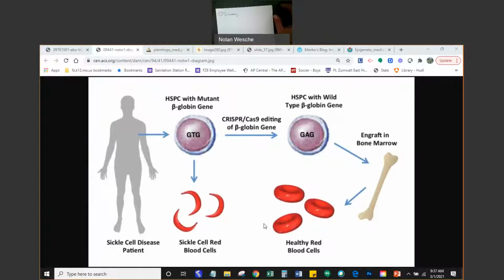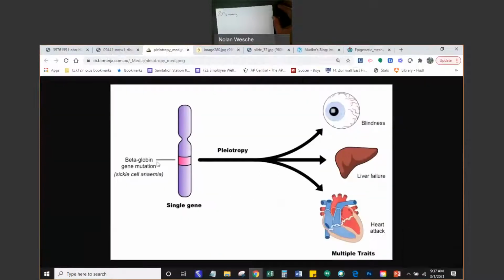And that leads to a bunch of downstream phenotype effects, okay, including, so again, this mutated allele here can cause blindness, liver failure, or cardiovascular disease, heart attacks. So multiple traits from just one allele. So it's not controlling just one phenotype. It's controlling a whole host of things. So those are the pleiotropic effects.